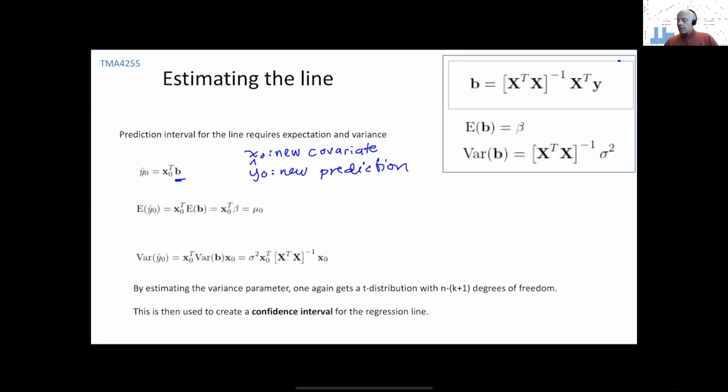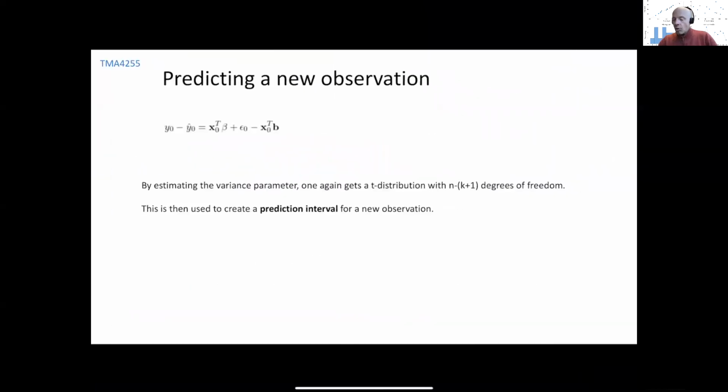What is equally common to do is to predict a new observation. So then we look at this difference, again a residual, but here we don't have a real residual because we don't have y0. We want a prediction interval for y0, and then we can sometimes say, wow, this was far out in the tail, or, okay, good, this was within the reasonable variation that we expected.